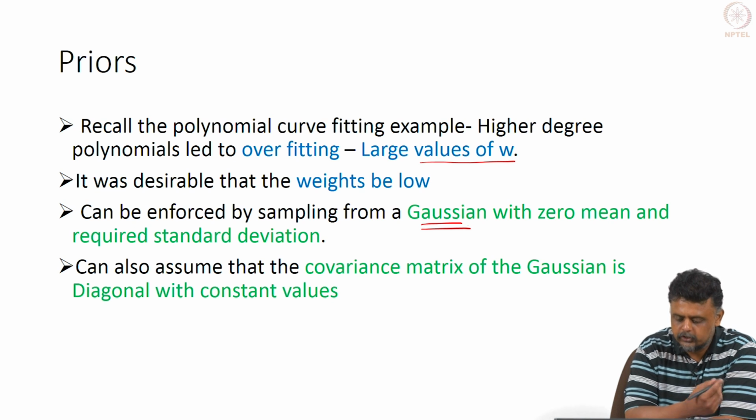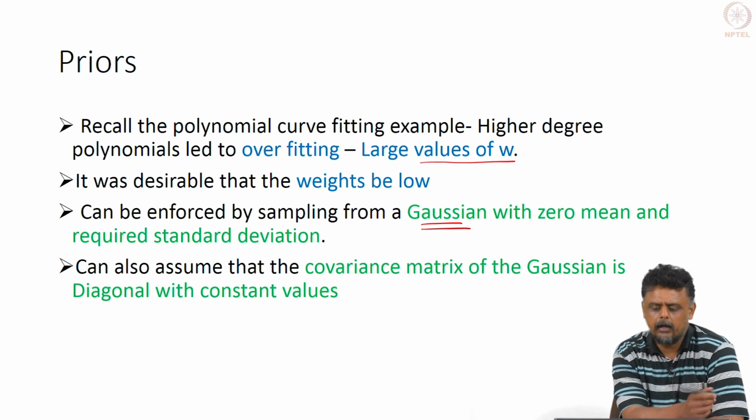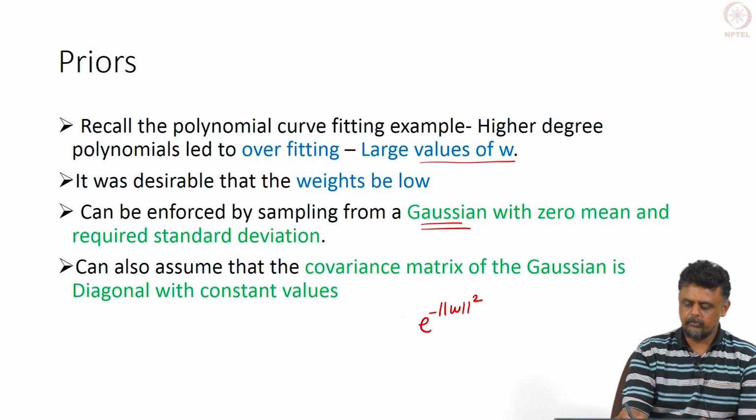In this case we can assume that the covariance matrix of the Gaussian is a diagonal matrix. So, how does it help in avoiding large values of W? If we impose the prior that W is drawn from a Gaussian distribution, then we are looking at a function something like e raised to minus W squared, remember, 0 mean, with some normalizing factor.